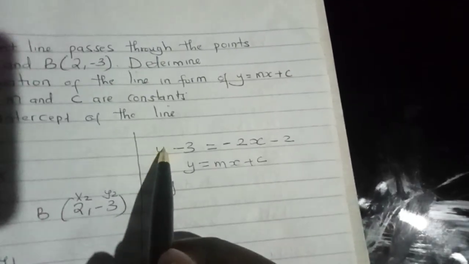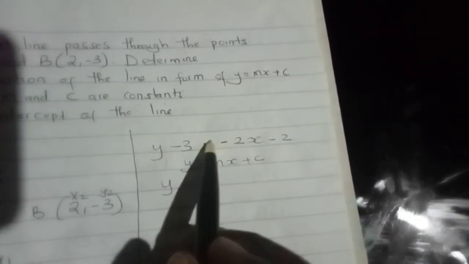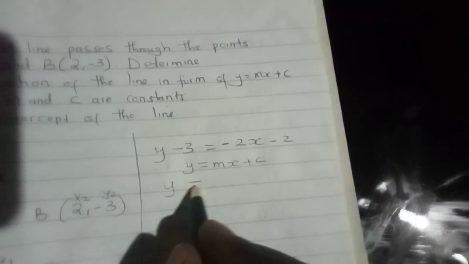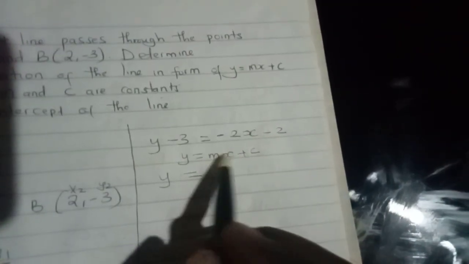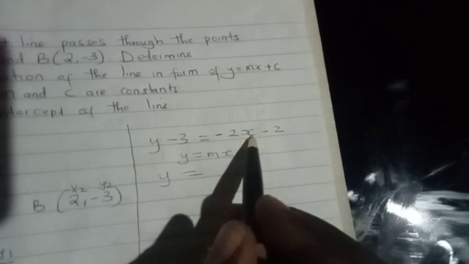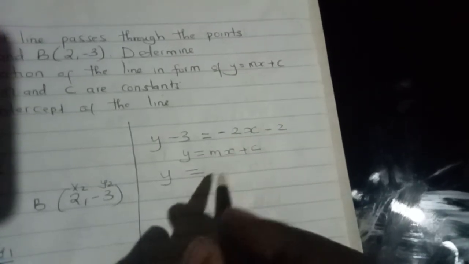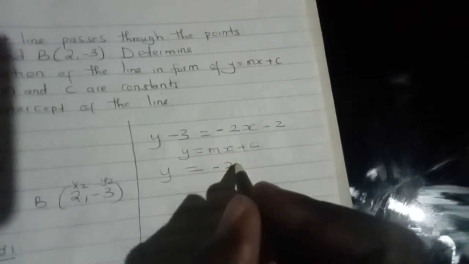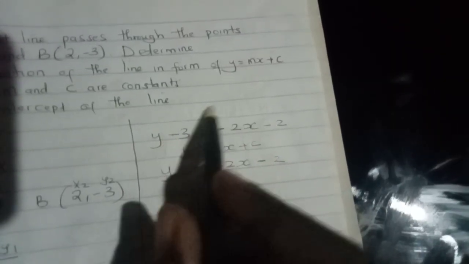So we write y first and then the equal sign, so is equal to mx, where x is, we have negative 2, so it's going to be negative 2x minus 2, and then we bring this to the other side.